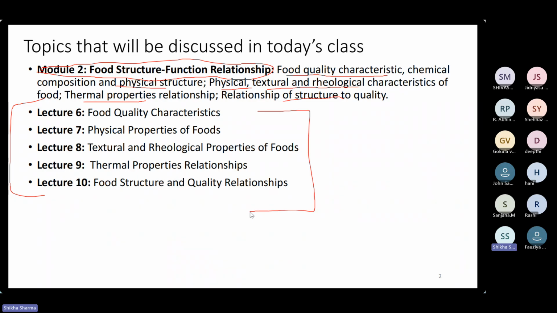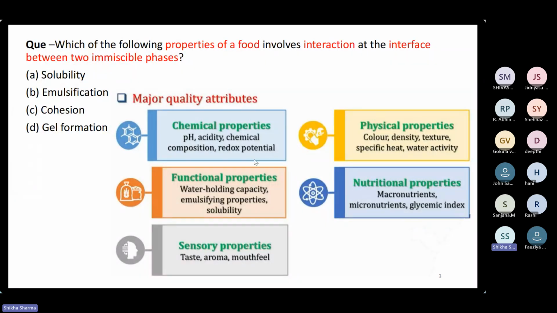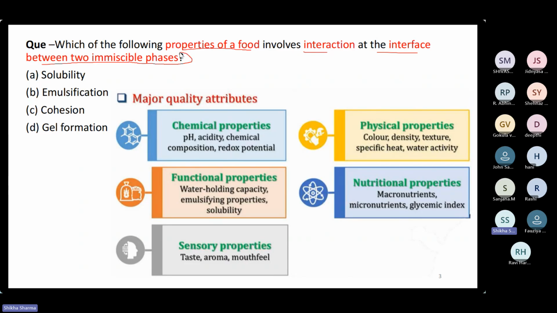So let's begin with today's first question, which is about the properties of food. Which of the following properties of a food involves interaction at the interface between two immiscible phases? There are 4 options: solubility, emulsification, cohesion, and gel formation.